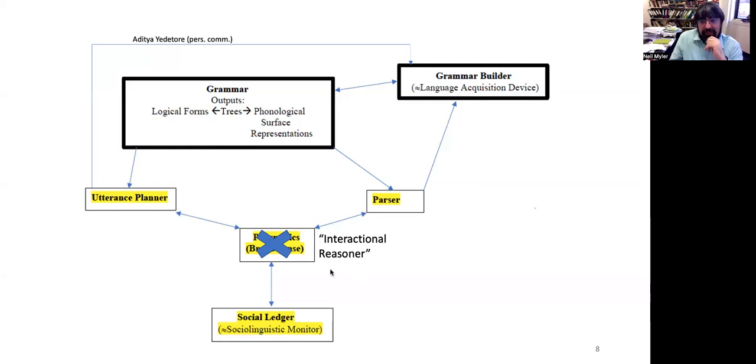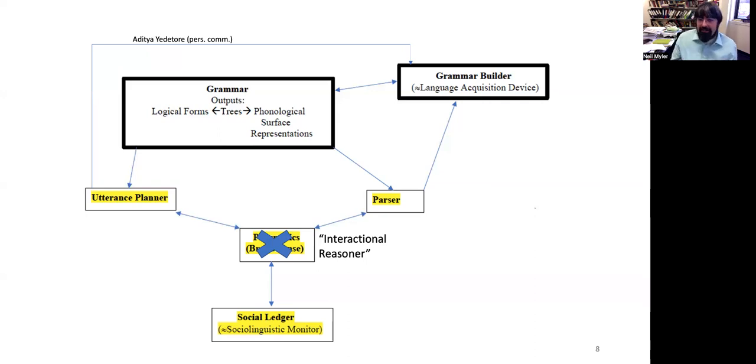The interactional reasoner is a central system in Fodor's terminology. So it integrates a bunch of different representational alphabets. So this is part of Fodor's view. A lot of contemporary discussions of Fodor's views in linguistics leave this out. But see page 103 of The Modularity of Mind, Jerry Fodor's 1983 book, for discussion of what central systems are.